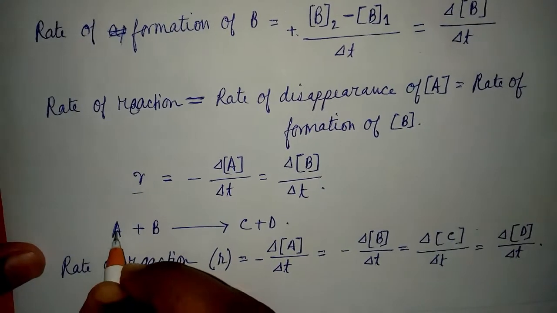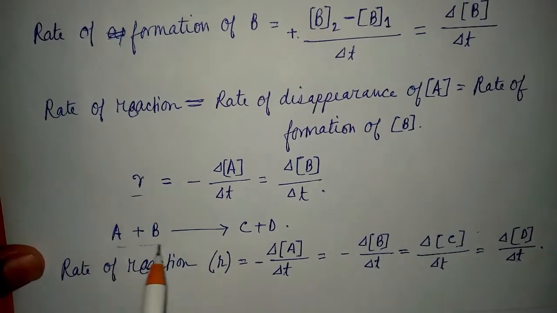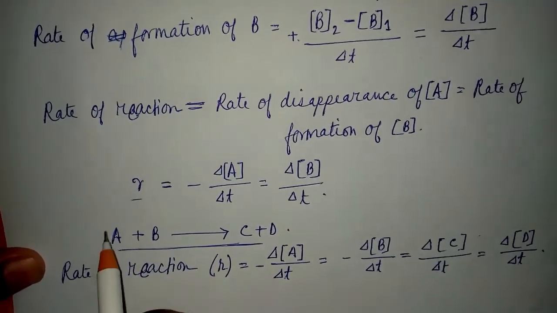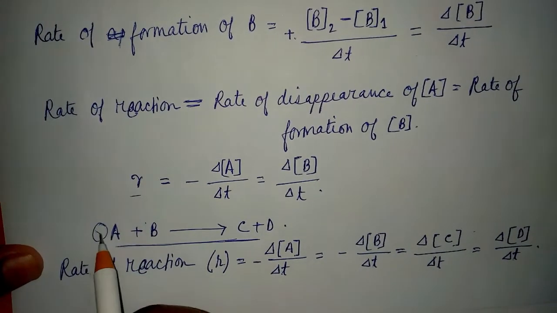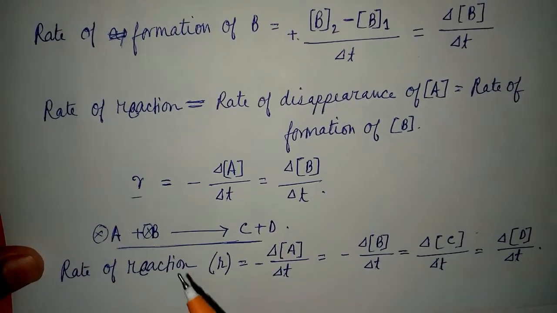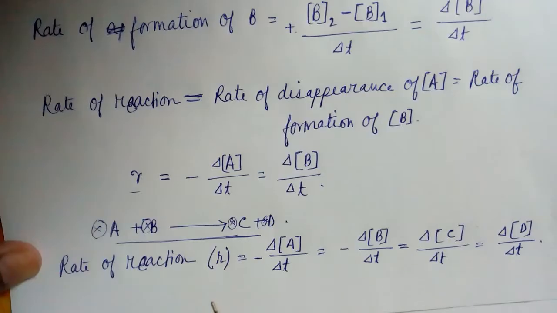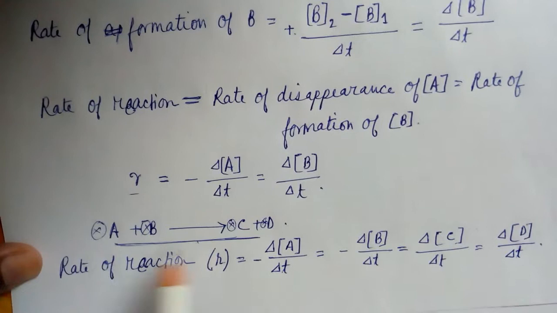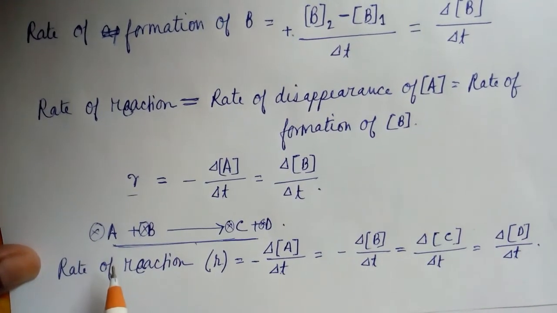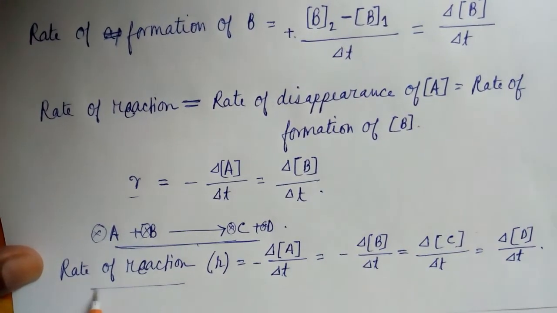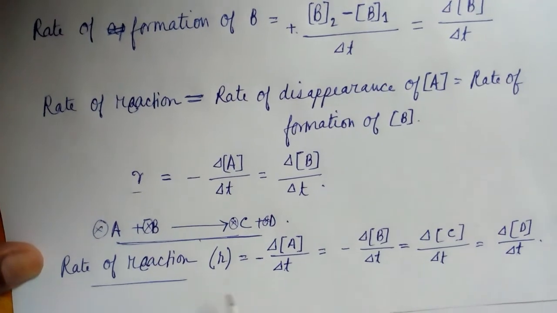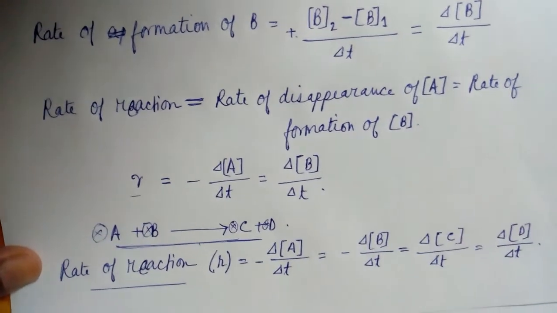This is the type of reaction where there is no stoichiometric coefficient, that is, there are no extra molecules of reactants or products required. Now the rate of the reaction is definitely going to change when there is a stoichiometric coefficient in the reaction.